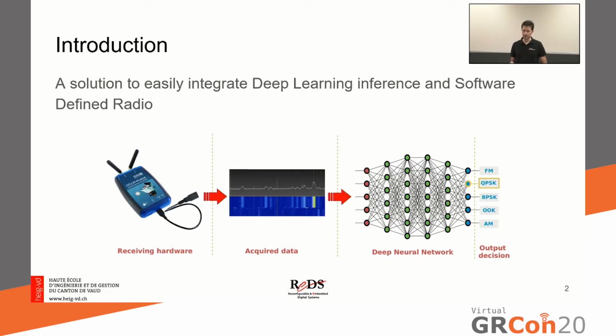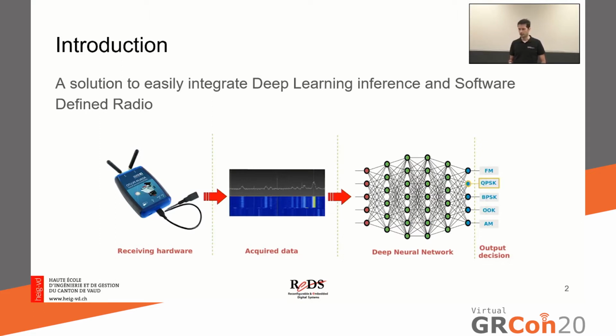Deep learning is getting more and more attention in the context of the radio frequency domain, and we've seen very interesting work done with cognitive radio and optimal resource allocation. We've seen interesting work done in security with device fingerprinting, and there are many more other applications of deep learning in the radio frequency domain.